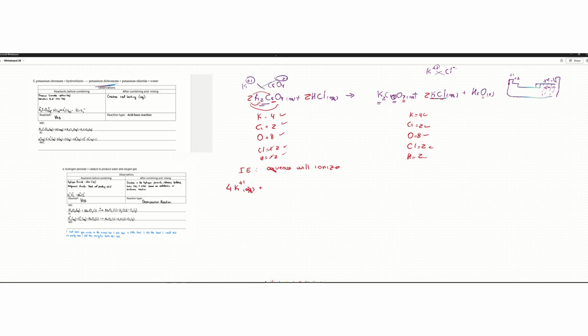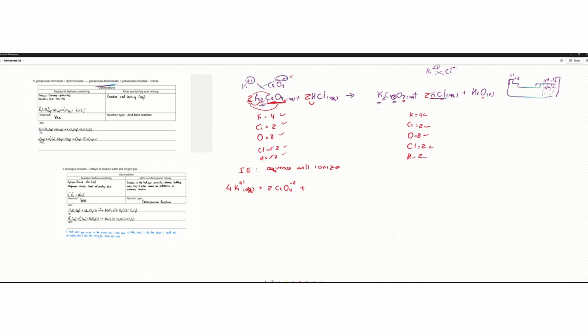And I have chromate over here, so it will stay in the form of chromate. You will not separate polyatomic ions. And we know the charge is -2. And I have 2, right? So it will be 2 chromate -2.